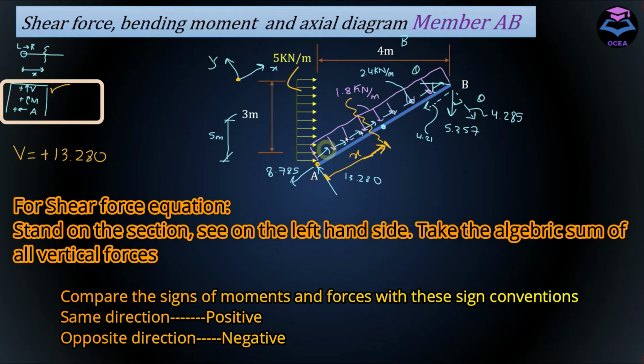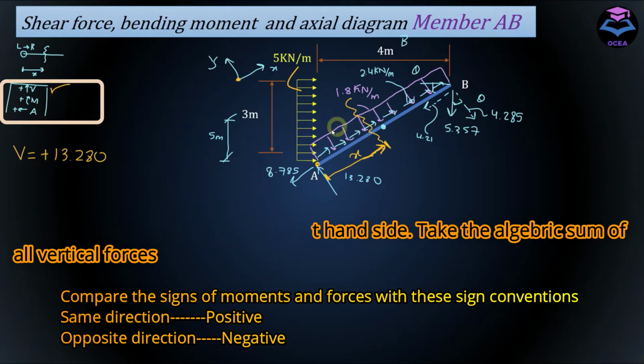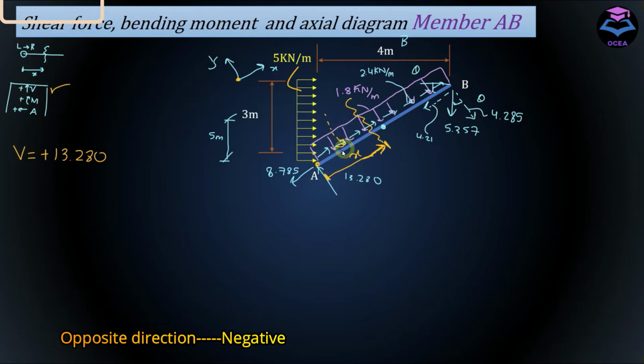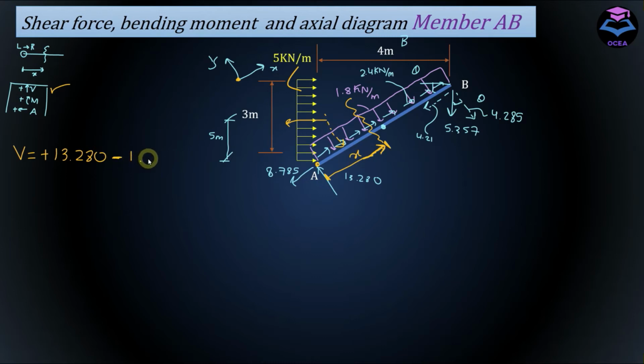And we have another force which is shown by purple color, and it's acting downward, and we are talking about this UDL here, and this UDL has a resultant equal to this area, and this area is equal to 1.8 multiplied by X, and since it's acting downward it's going to be negative.